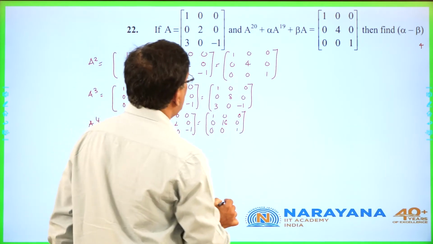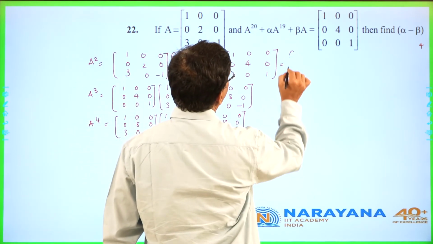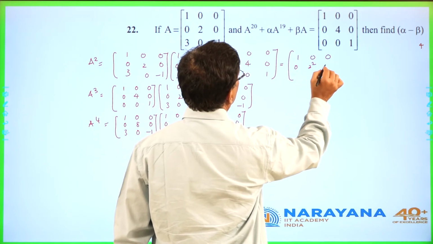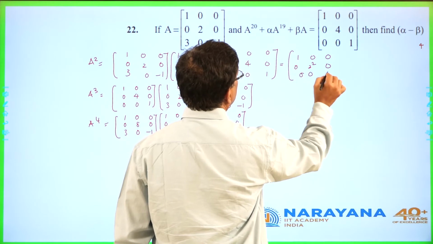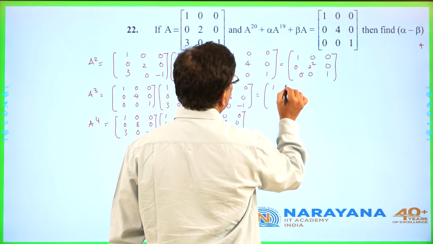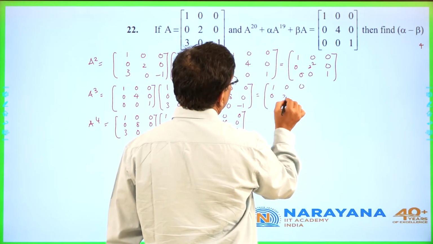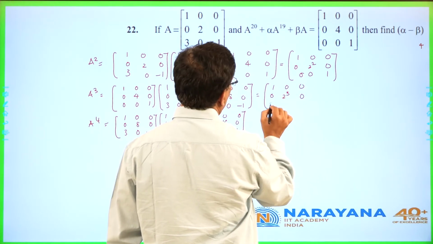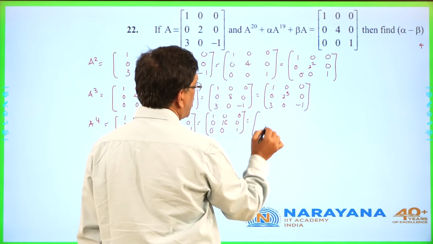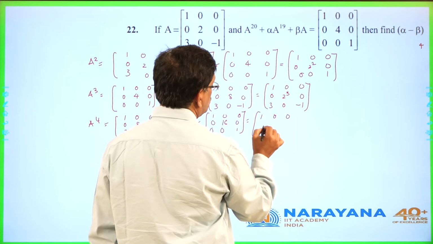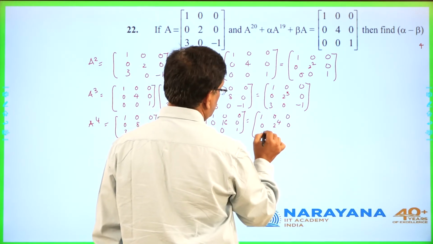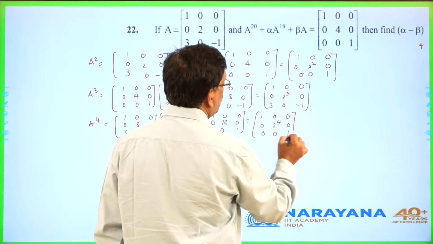You see, a square you can say like this: 1, 0, 0, 0, 2 square, 0, 0, 0, 1. A cube you can say 1, 0, 0, 0, 2 cube, 0, 3, 0, minus 1. This again you can say 1, 0, 0, 0, 2 power 4, 0, 0, 0, 1.